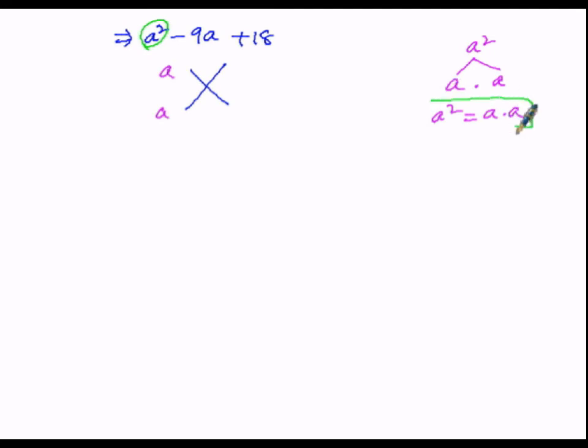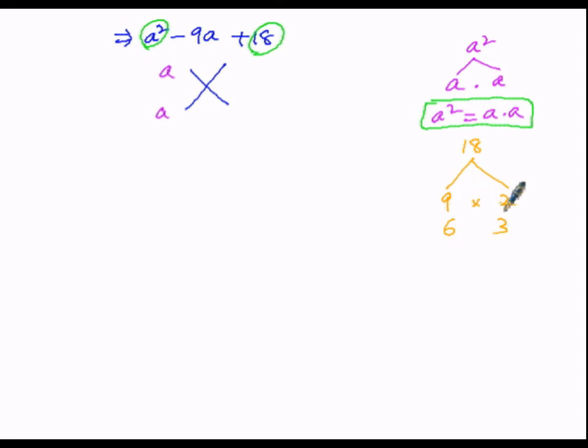Whereas the last term is 18, so we have to take factors in such a manner that the sum or the difference of the two factors must be 9. We can write 18 as 9 twos, which is one option, the other is 6 threes, which is also 18.